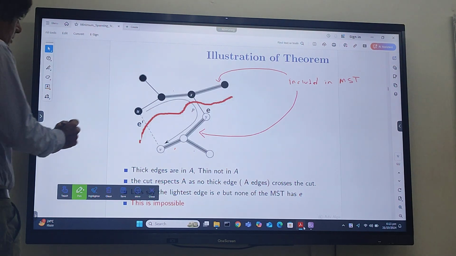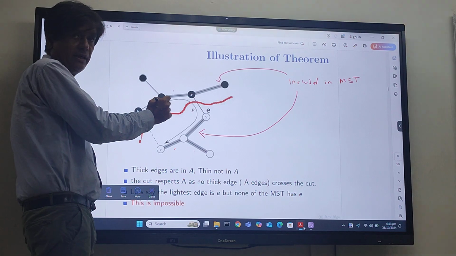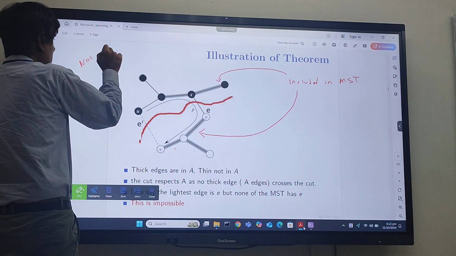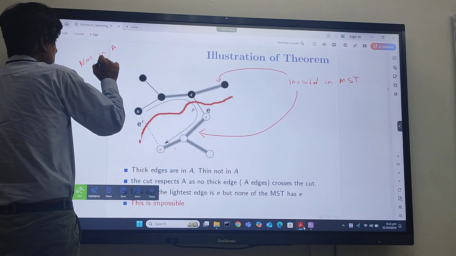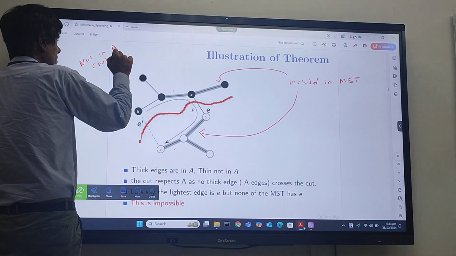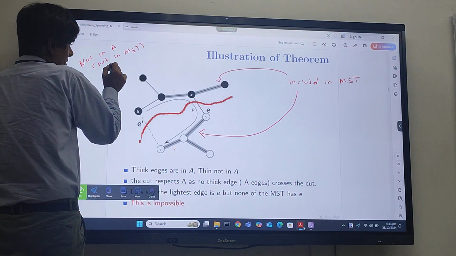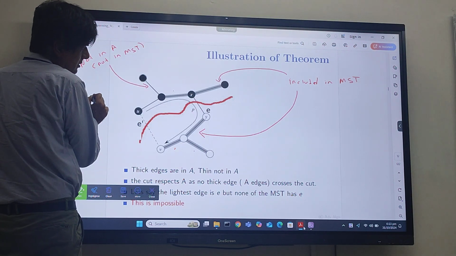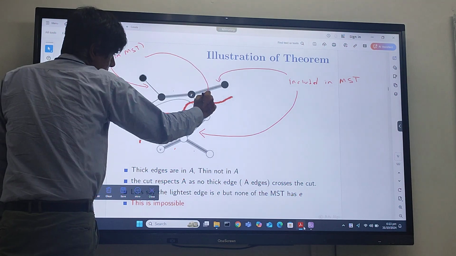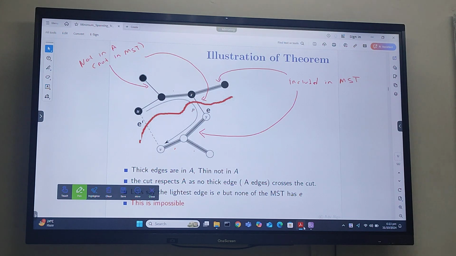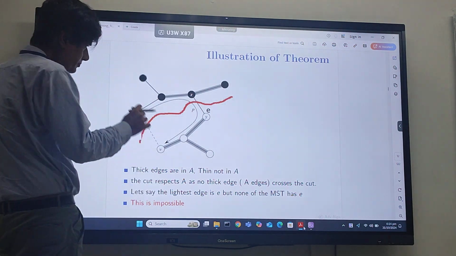And the thin edges are not in the MST. So this is not in A, which means it is not in the MST. And there can be a few other edges over here, some other parts of the graph over here. Okay? So now what we need to do is to find a partition.